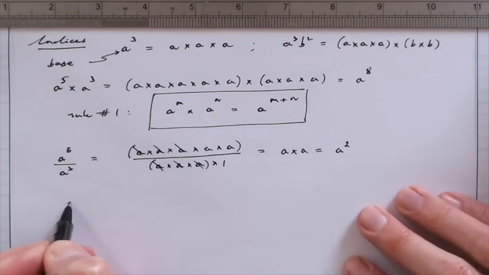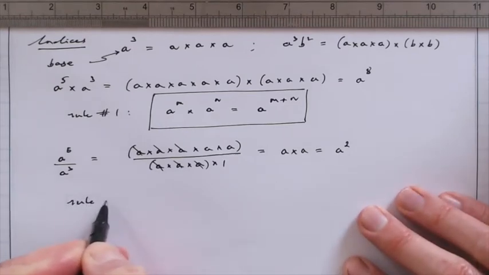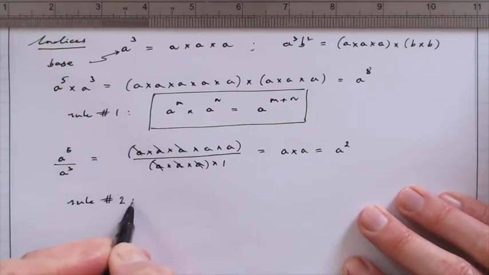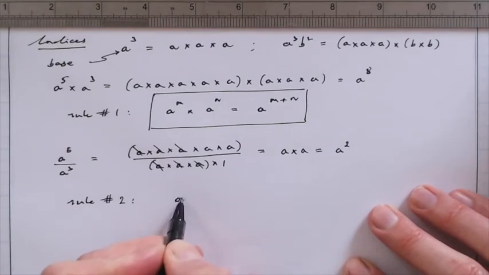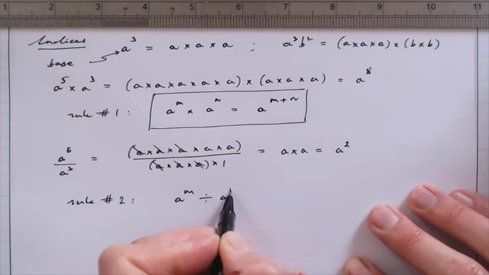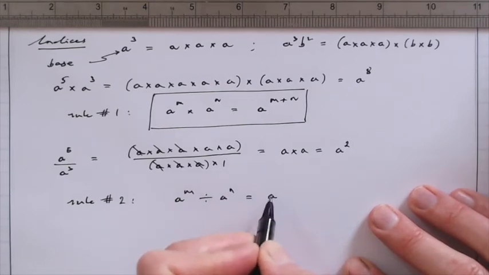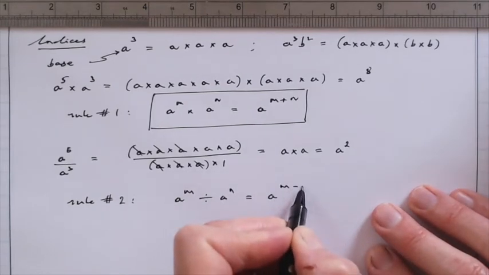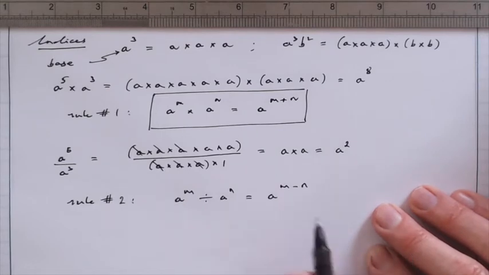And so we have a very useful additional rule here, that a to the m divided by a to the n is a to the m minus n.